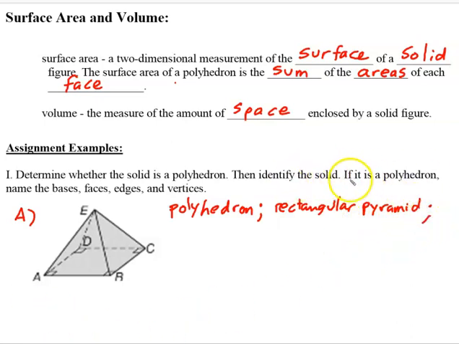And now, if it is a polyhedron, which we've established that it is, we're going to name the bases, faces, edges, and vertices. So there's only one base, and we could say that that's rectangle ADCR.